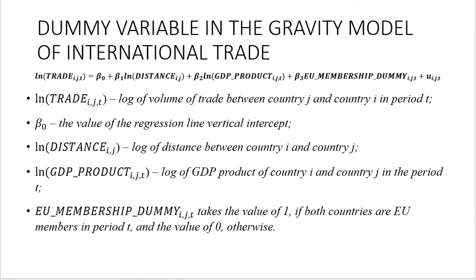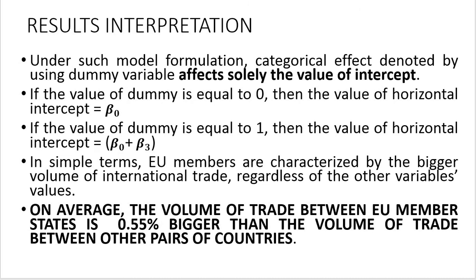However, in our case, beta 3 is positive and statistically significant. That's why we can use it for our interpretation. So the dummy is equal to 0 for pairs of countries which are not European Union member states simultaneously. For these pairs of countries, the value of the horizontal intercept is equal to beta 0.